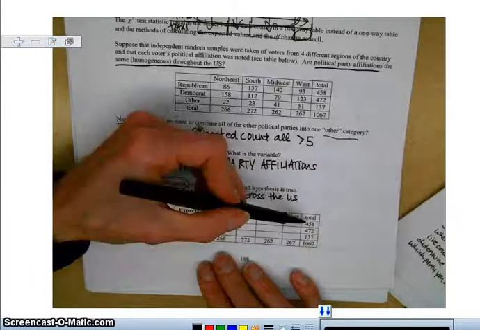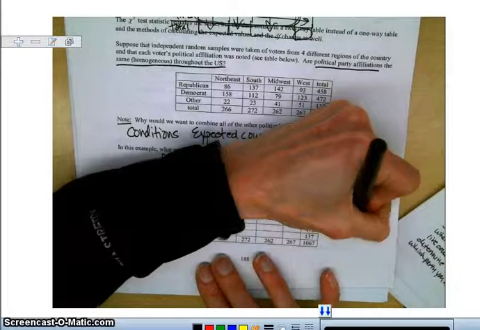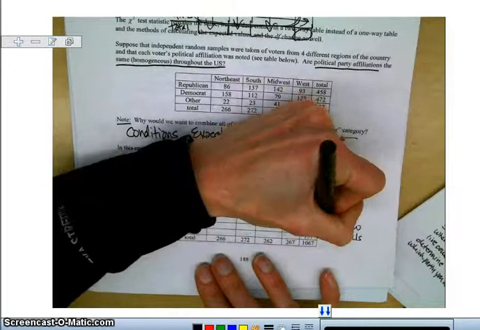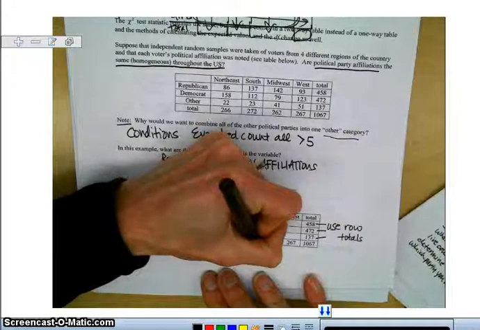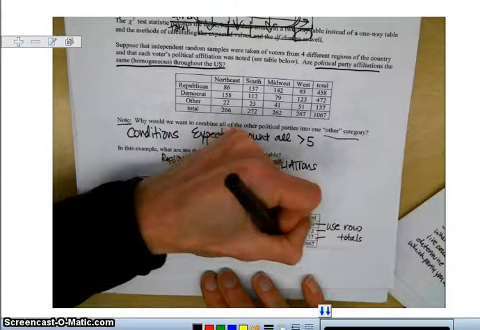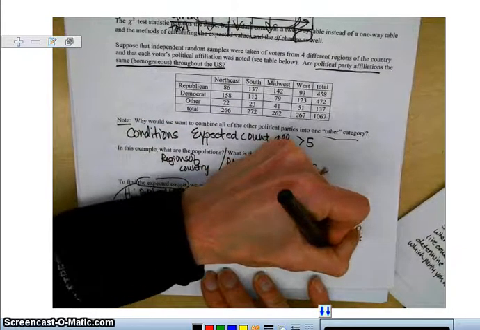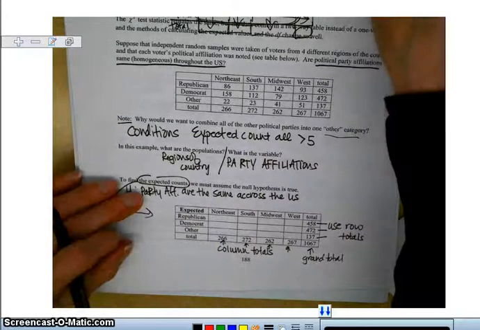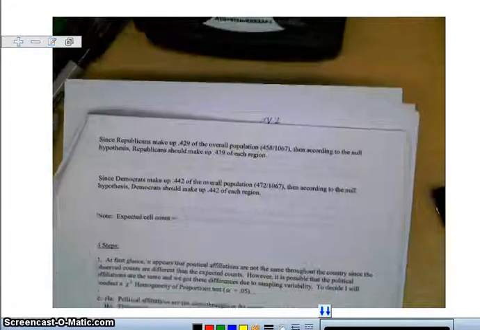So we're going to use the row totals, the column totals, and the grand total to figure it out. On the top of the next page, they guide us through this, and then we'll fill that out.